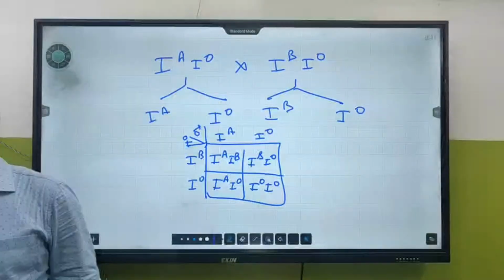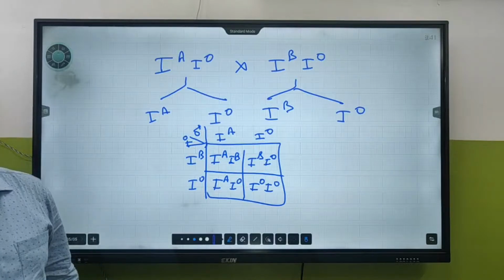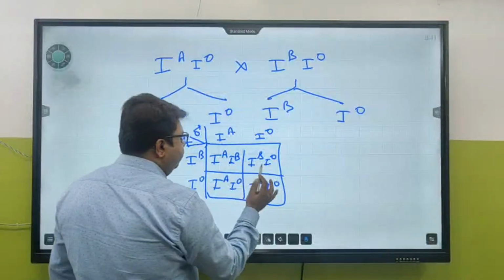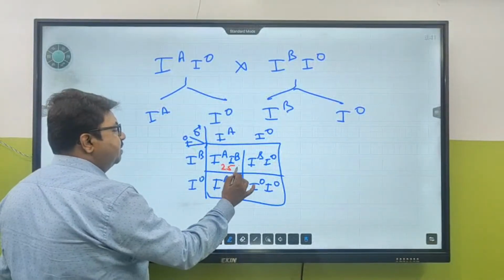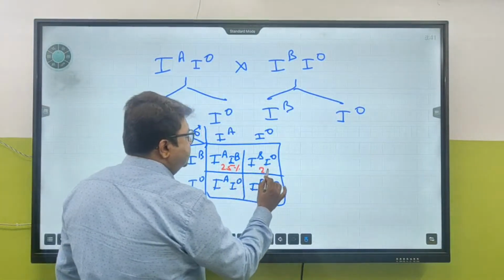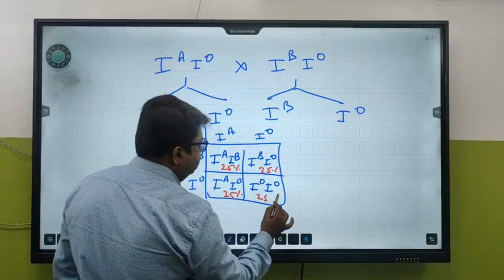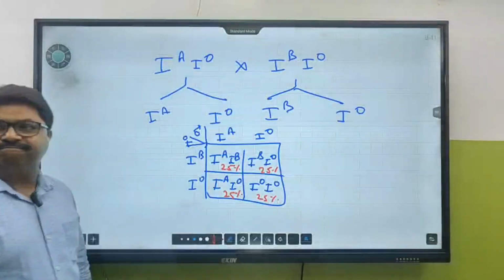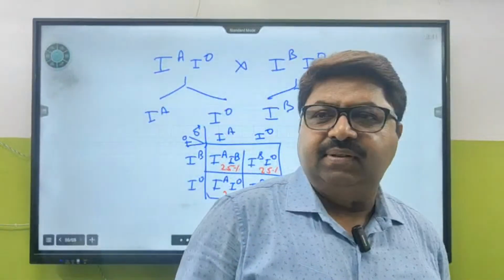So they are going to have 4 different kids having different types of blood group. 25% of them are having AB blood group, 25% B blood group, 25% A blood group and 25% O blood group. Any issues? Okay?